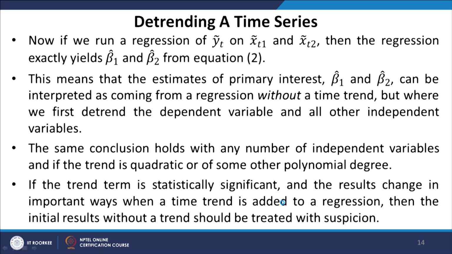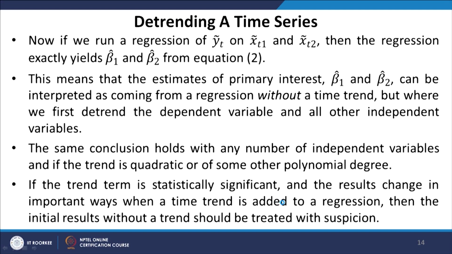In a similar fashion, we can detrend any series having a quadratic trend or a trend of any other polynomial form. If the trend term is statistically significant, the results change in important ways when a time trend is added to a regression. Then the initial results without a trend should be treated with suspicion, which implies that if the trend is significant, it must be included in the regression analysis.